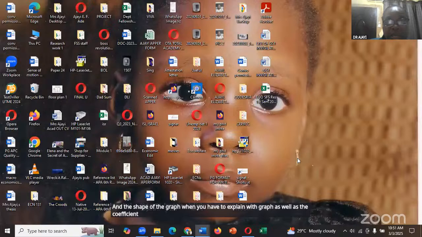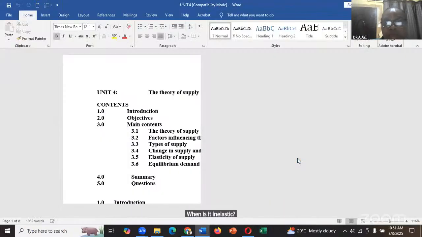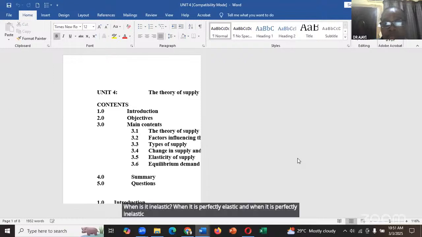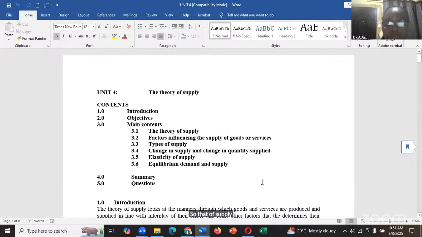When is it elastic? When is it inelastic? When it is perfectly elastic and when it is perfectly inelastic. And I gave specific examples on the shape. So that of supply as well. Like I said, I explained that of demand in detail.